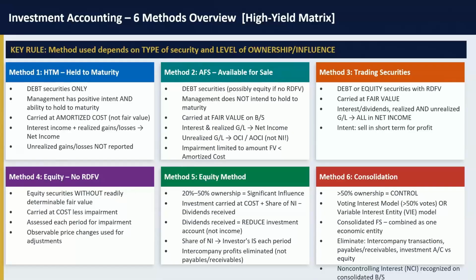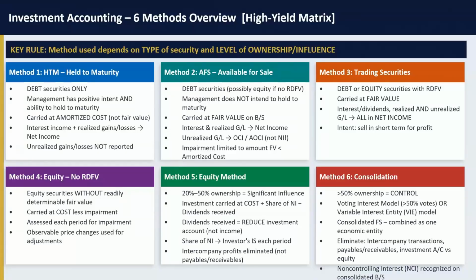Okay, so held to maturity means, let's take for example, you have purchased government bonds, and until they mature, you don't want to sell them. Now how do you need to value them? You will be valuing them at the amortized cost.